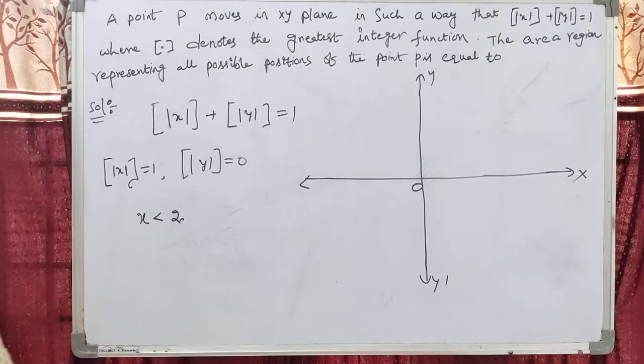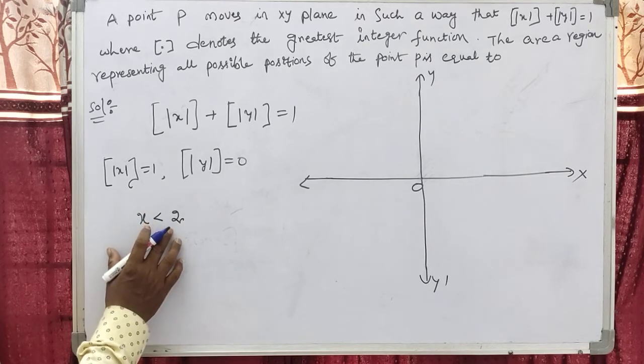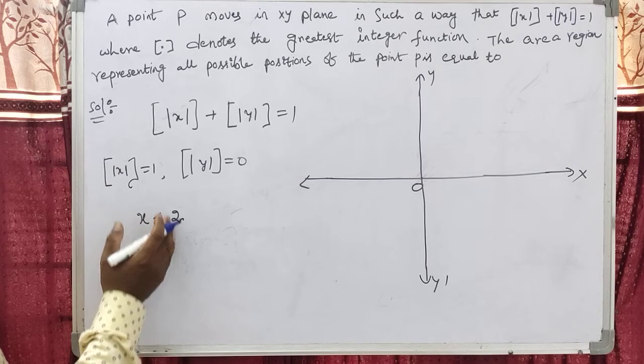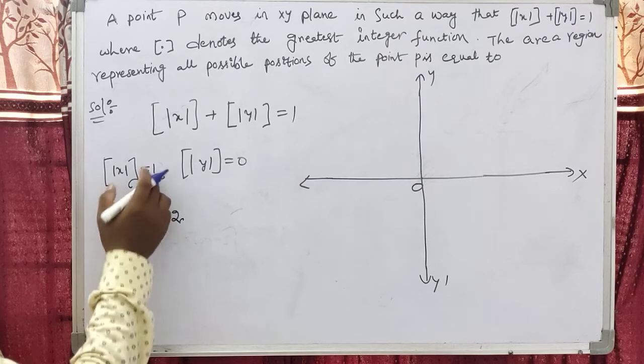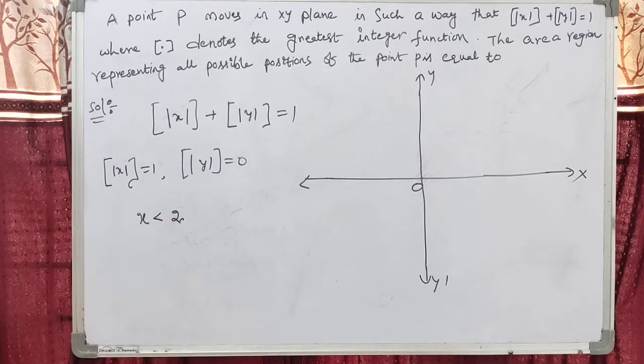When we take x less than 2, undoubtedly, 1.9 is 1, 1.9 will be 1.